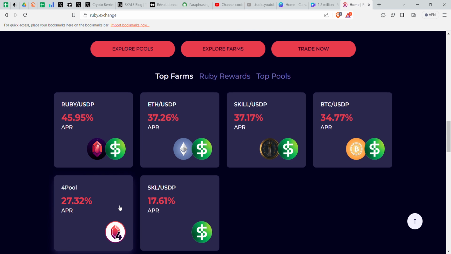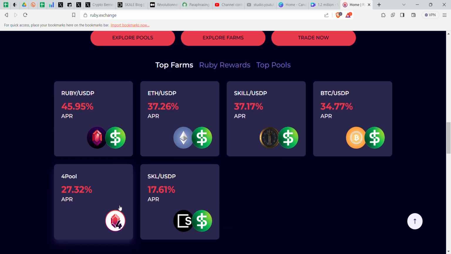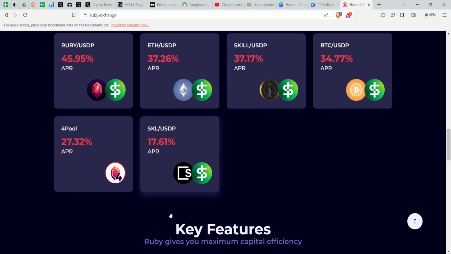BTC and USDP is also available, and here you can also see SKALE and USDP. So you can use your SKALE token to provide liquidity on Ruby Exchange against USDP and earn at a reasonable APR.